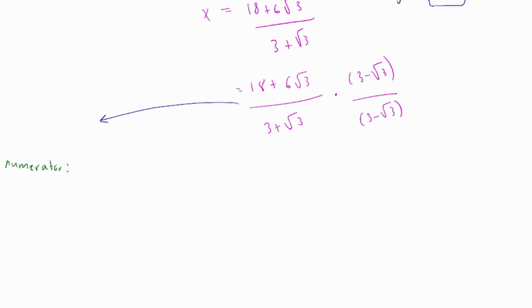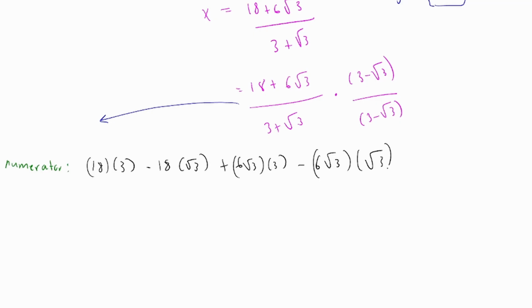For our numerator, we've got 18. According to FOIL, we have 18 times 3, and then minus 18 times root 3, plus 6 root 3 multiplied by 3, minus 6 root 3 times root 3.